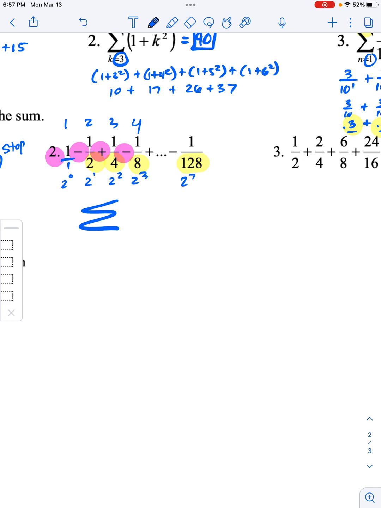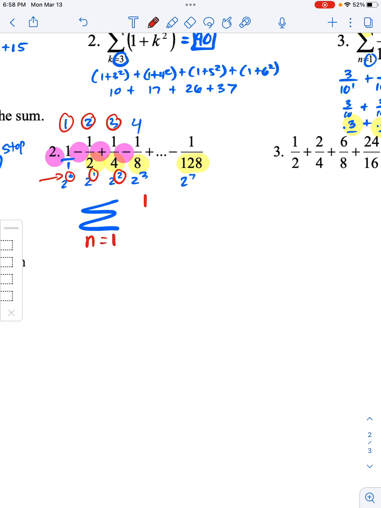So look at the relationship. Here I have the first term, 2 to the 0. The second term, 2 to the first. Third term, 2 to the second. So you can see that this is always 1 less than the term number. So let's say that we're going to start and just use n. We're going to start at 1.